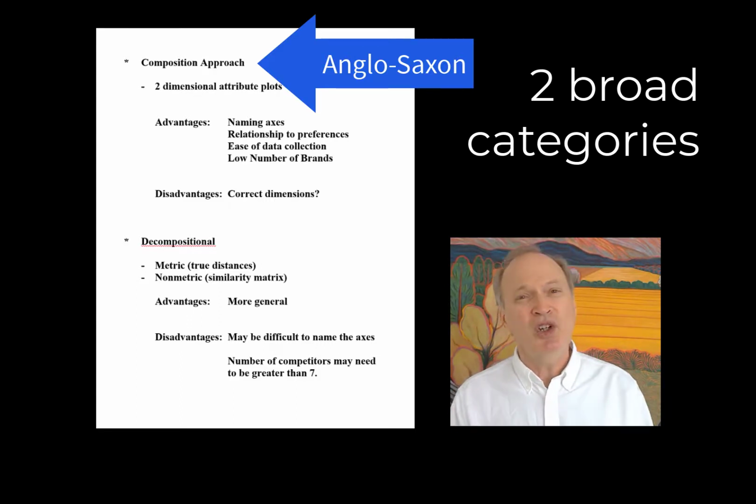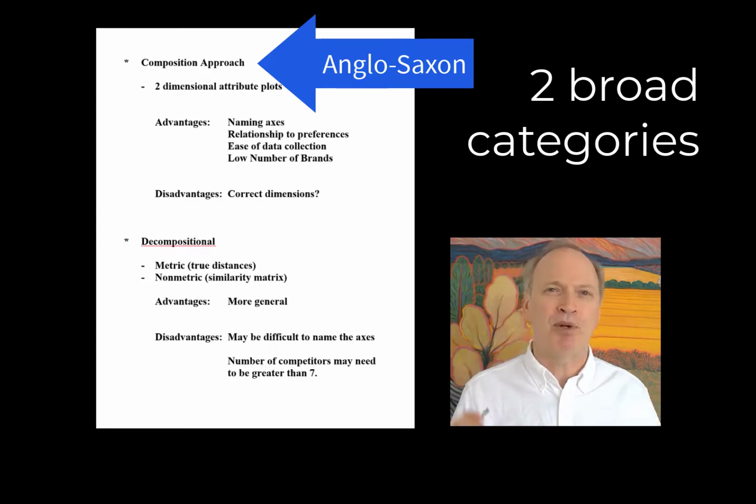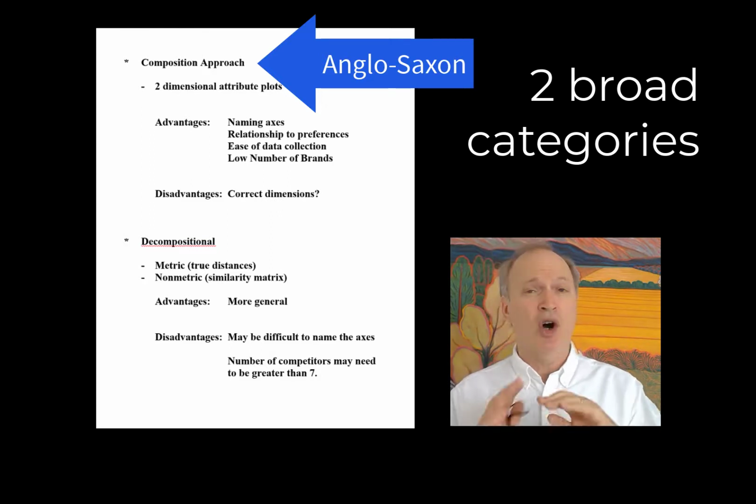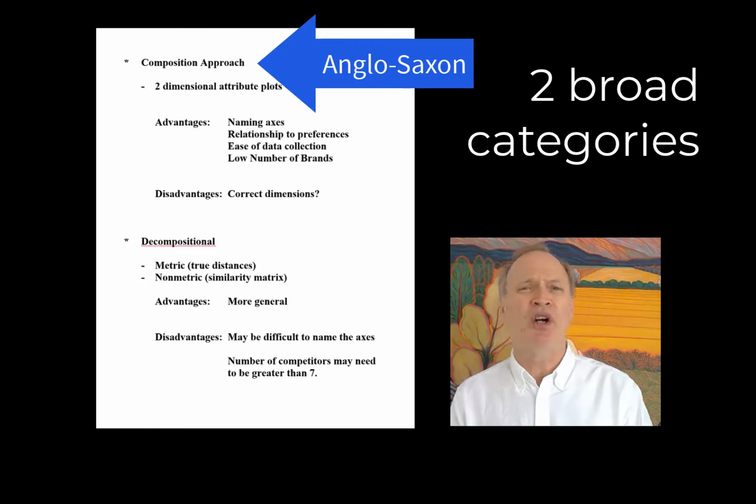Anglo-Saxon approach, largely factor analysis and principal components analysis. These techniques are extremely expensive because often it relies on pretty complicated questionnaire pre-testing, questionnaire implementation, cleaning of data, just very labor intensive. The algorithms to crank on the data are free, cheap, easy, and fast. No big deal in Python, R, or any number of statistical packages.